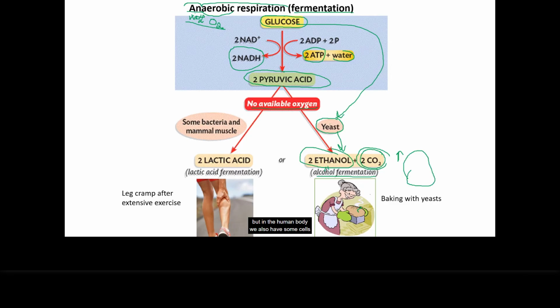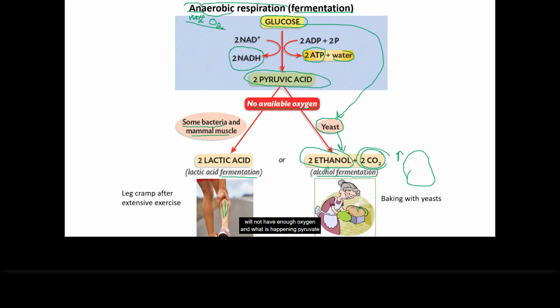But in the human body, we also have some cells, such as muscle cells, and some bacteria. They can also use fermentation to produce energy. When we, for example, do a lot of exercise, if this runner runs a very long time, and these muscle cells use all the available oxygen, they do not have enough oxygen.